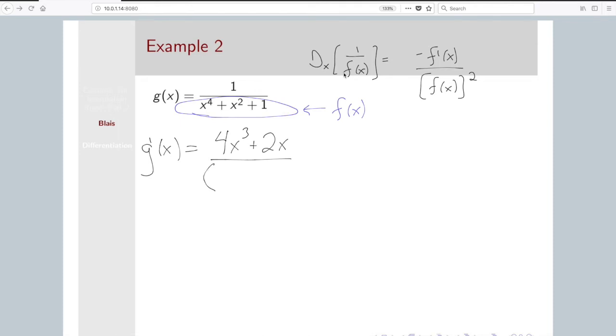So over quantity x to the fourth plus x squared plus 1, all squared. And so this is how we can use our reciprocal rule to get derivatives. And again, this is not a rule that we are going to use very much. Really, it's a rule that we're using as a vehicle for the next theorem.